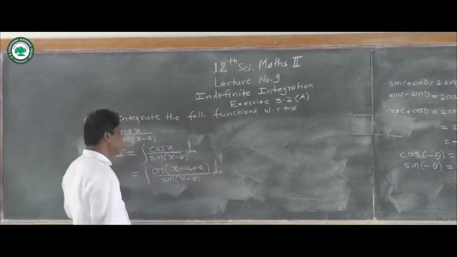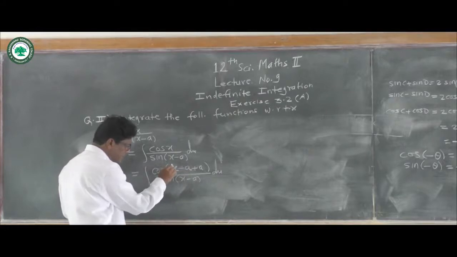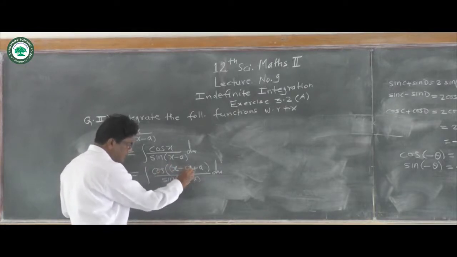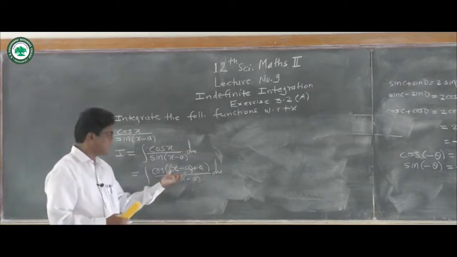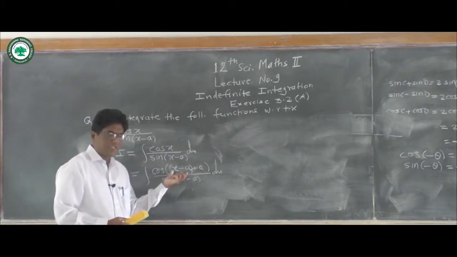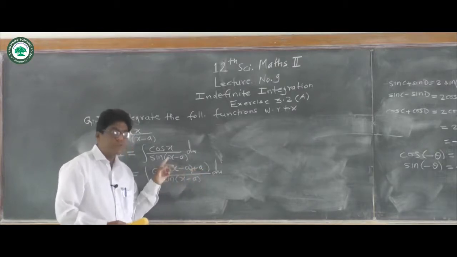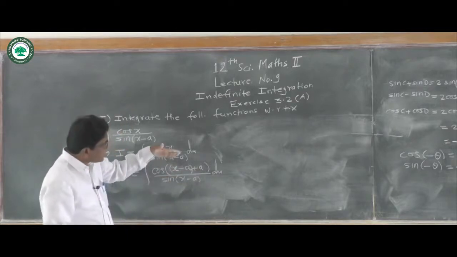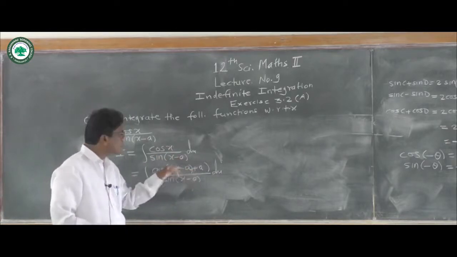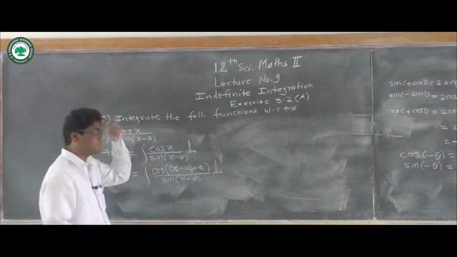In the numerator, in this bracket, we assume x minus a as one part and plus a as a second part. If we call this bracket x and a as y, we get cos of x plus y. What is the formula for cos of x plus y?